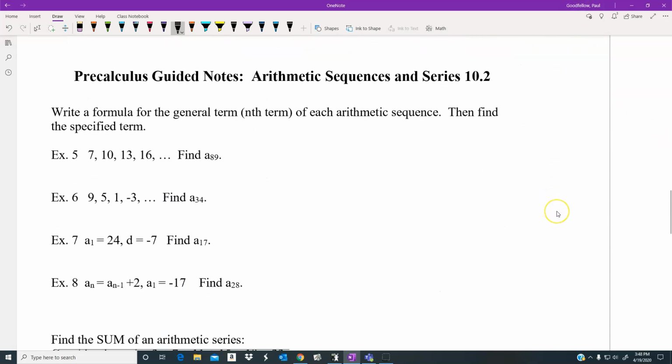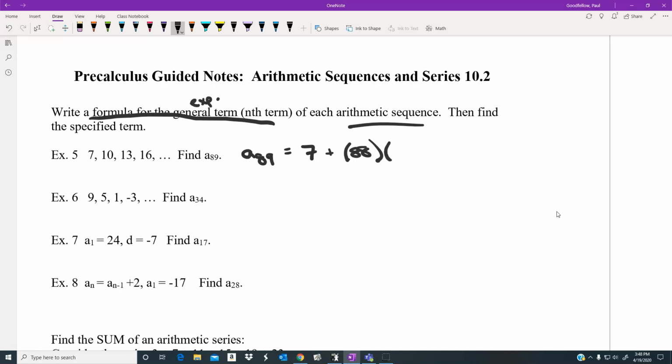We're trying to find those arithmetic sequences. In the next part, we're going to write the formula for the general term, or the explicit term, the same deal for an arithmetic sequence, and then find that specific term. I'll show you on the first one here. A sub 89 would be, the formula is, it starts at the number 7 and you add on 88 amounts of the common difference.